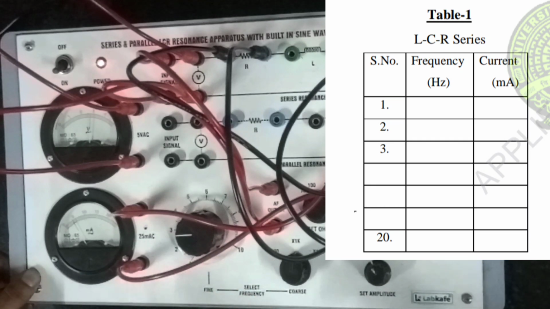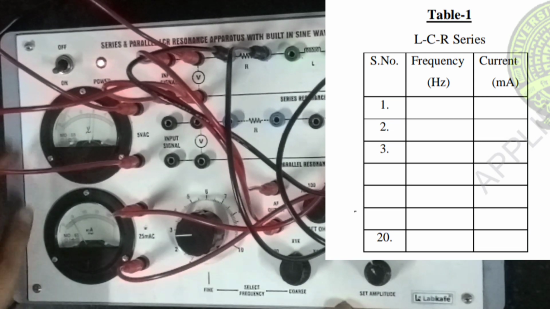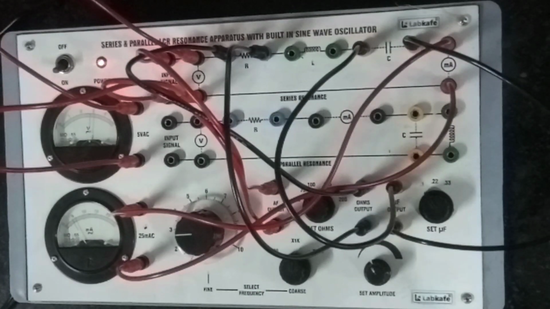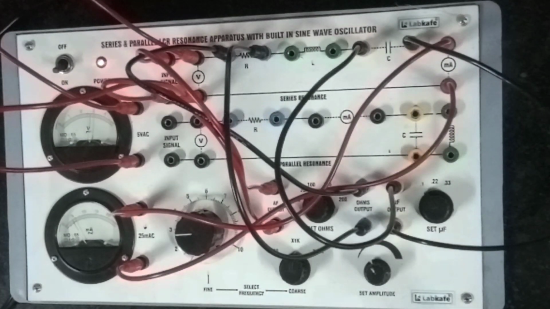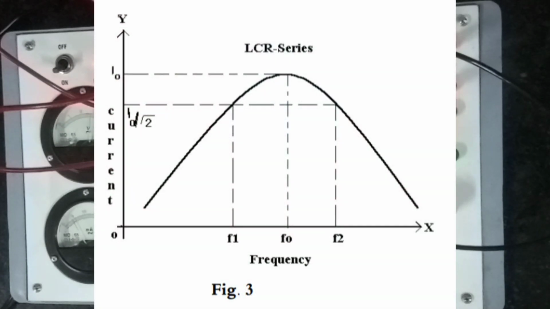We repeat this for different values of resistance and capacitance. After we have recorded the values of current and frequency, we plot the graph of frequency versus current.